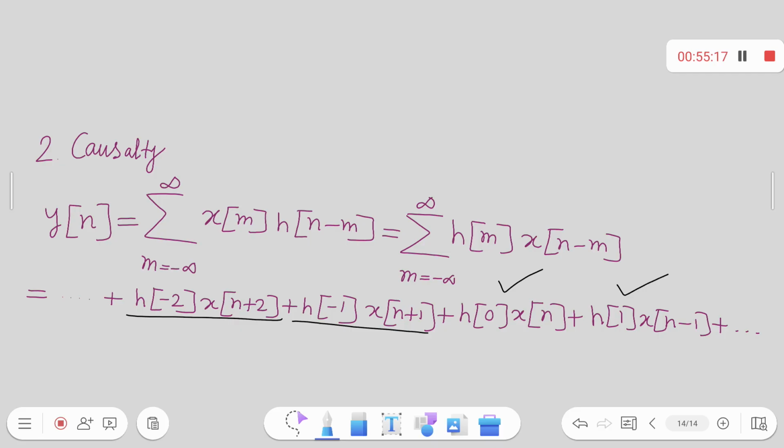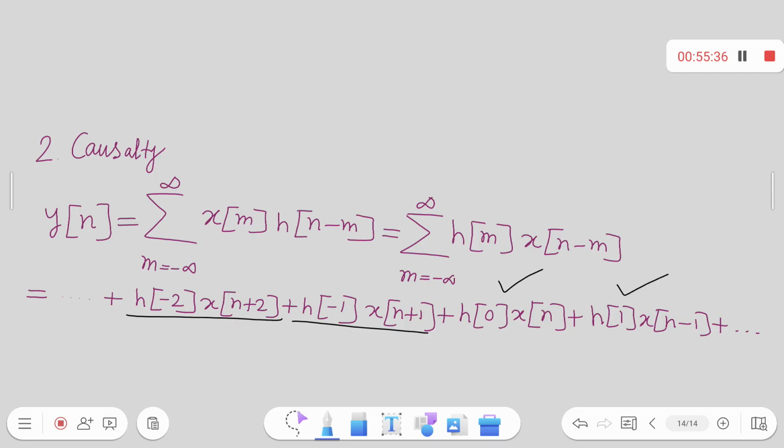So generally, what I can say is that if the system is a causal system, then in the impulse response sequence you have h of 0, h of 1, h of 2, h of 3, h of 4, which are present, non-zero or sometimes 0. But h of minus 1, h of minus 2, h of minus 3 and so on should be 0.